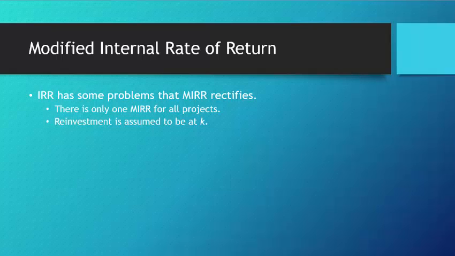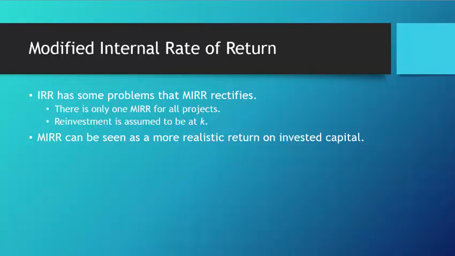We specifically reinvest at weighted average cost of capital, not at the IRR rate. And we force all of these solutions, but we still get something that is telling me what kind of, quote, return on investment we've got. So, MIRR can be seen as a more realistic return on invested capital.